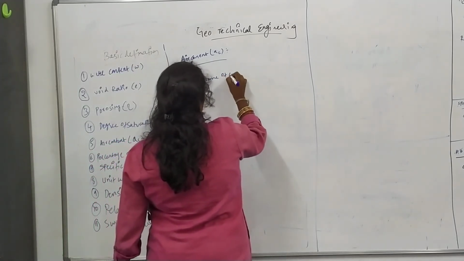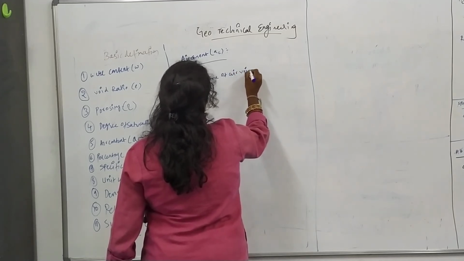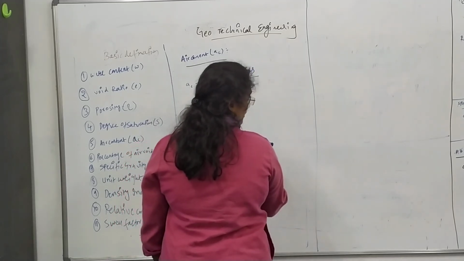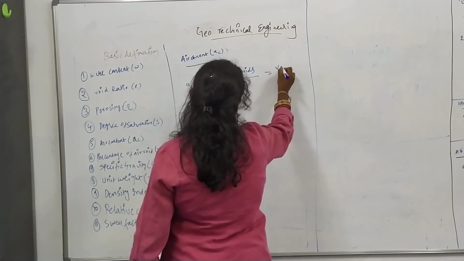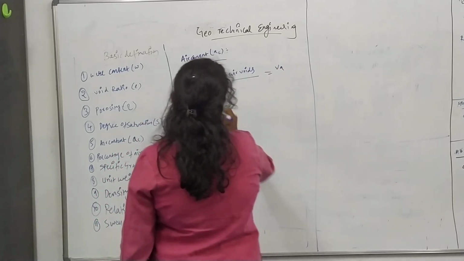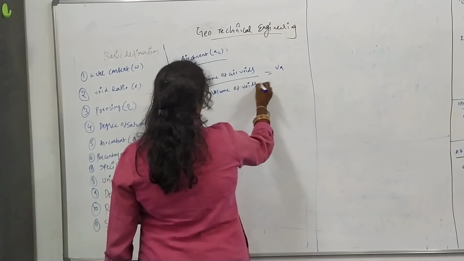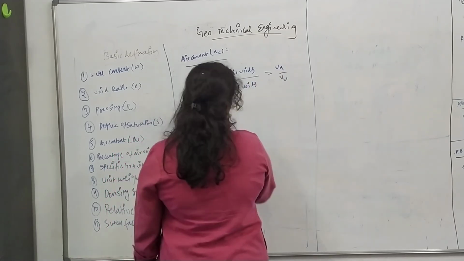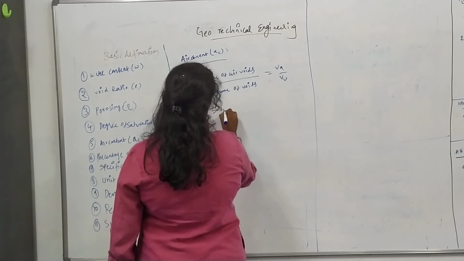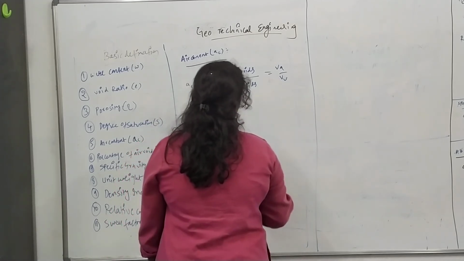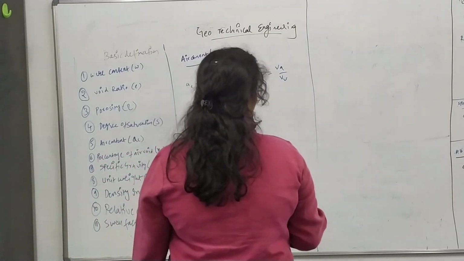So AC is equal to volume of air voids by volume of voids, where volume of air is represented with Va and volume of voids with Vv. So here Vv is equal to Vw plus Va. You guys remember this one.